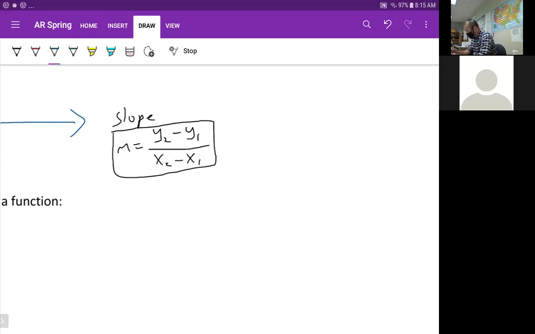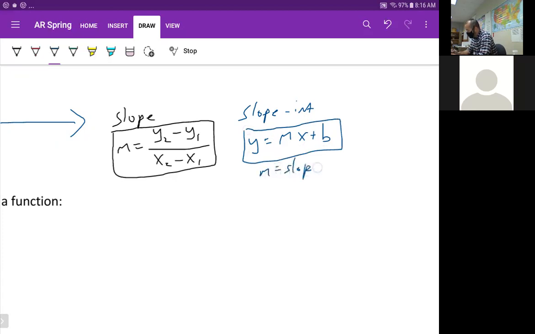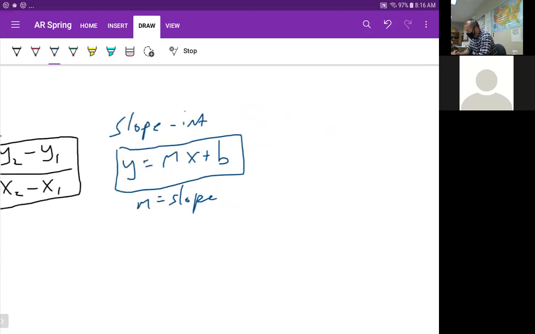You have forms of an equation. There's slope-intercept form, which is y equals mx plus b. m is the slope. b is the y-intercept.